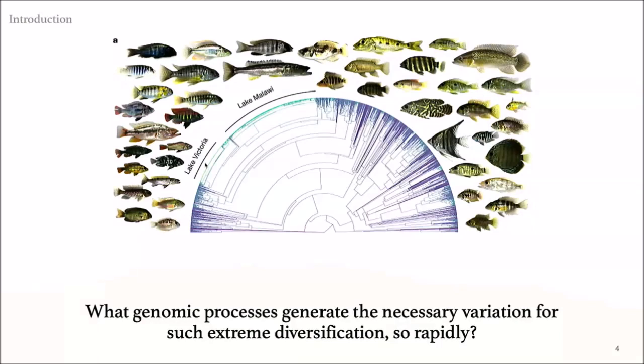And there are actually quite a few theories that arose. The more traditional, or an older theory, is that we have innovations, certain traits evolve that are called key innovation traits that allow species to occupy novel niches, but that doesn't really address the question of the genomic variation.